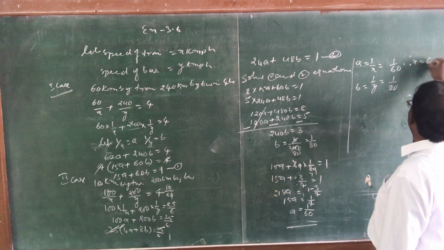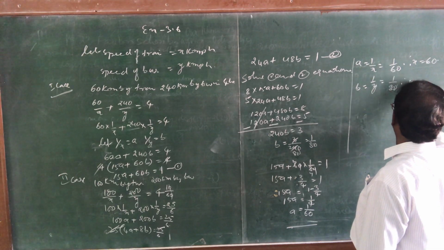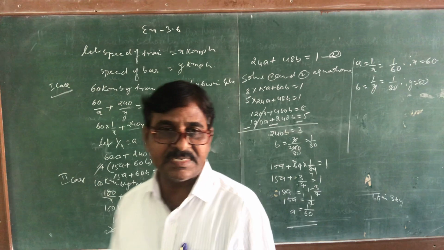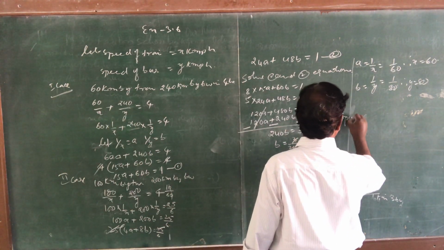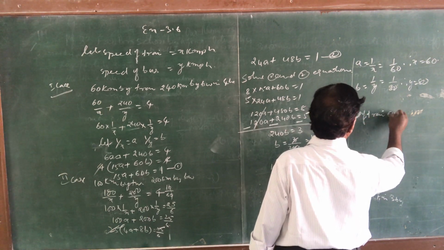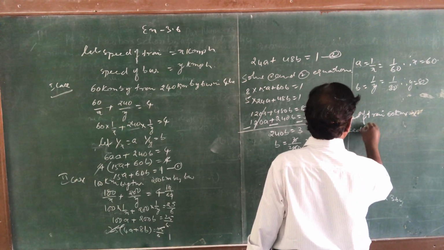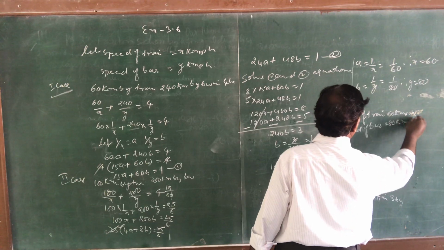Therefore x is equal to 60. 1 by y is equal to 1 by 80, therefore y is equal to 80. That means speed of train is equal to 60 kilometers per hour, and speed of bus is equal to 80 kilometers per hour.